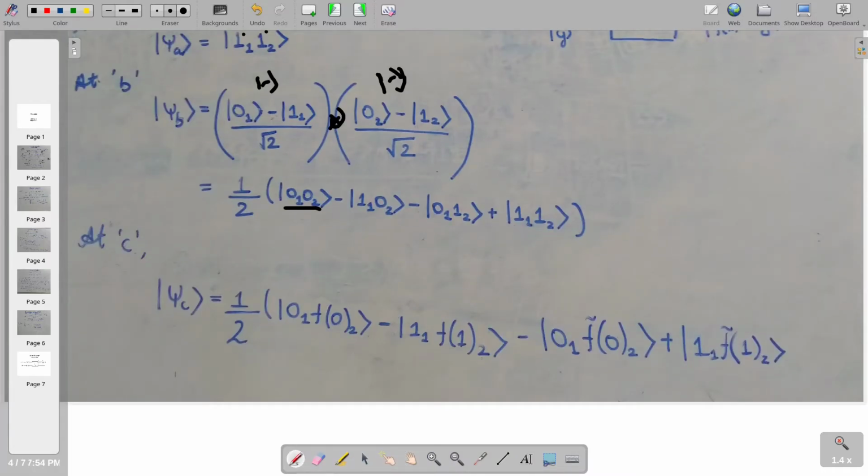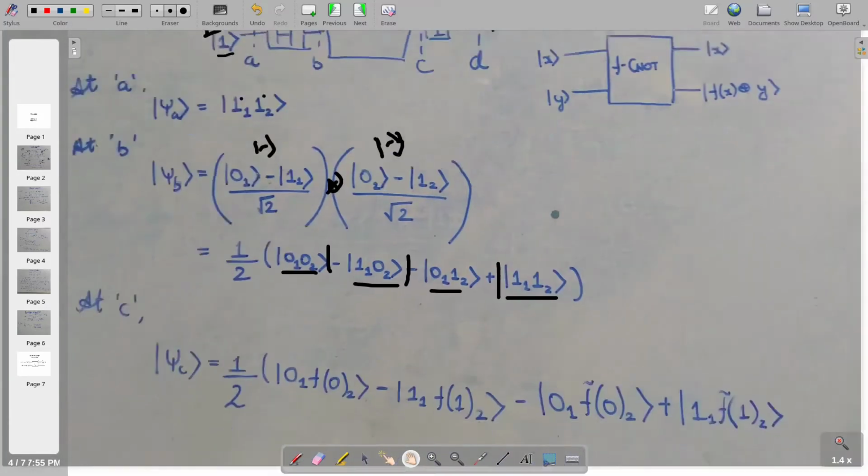Nothing too complex here. All these states are in superposition, therefore all of them will be independently passed through f x and will have different outputs. For simplicity's sake, this and this are different and will be independently applied to this oracle.